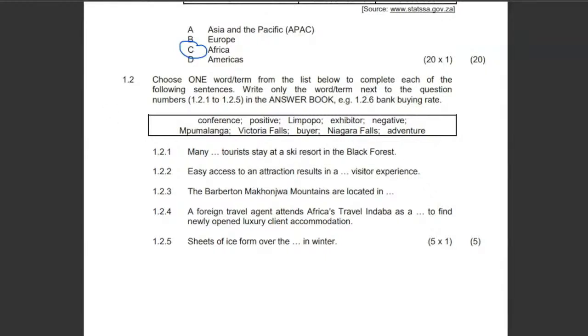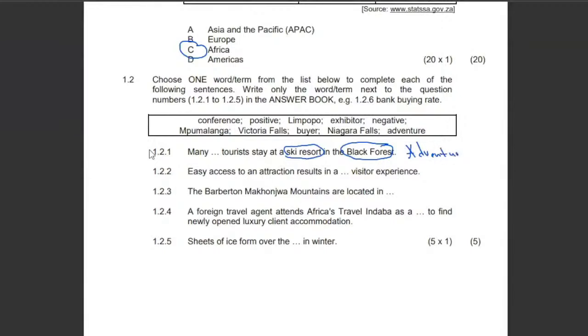All right, we need to highlight the key terms in the question. The first thing is that these tourists are involved in skiing in the Black Forest. Normally skiing is associated with adventure tourists. So from the box there, we are taking adventure.